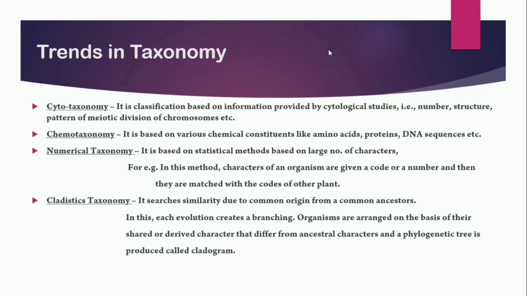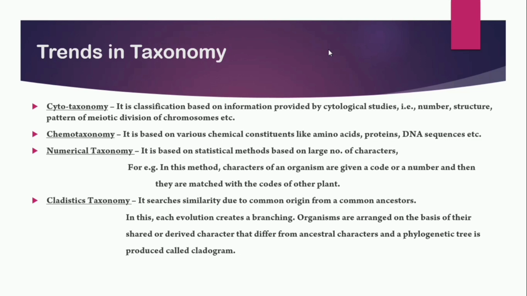Then cladistic taxonomy searches for similarity due to common origin from a common ancestor. Basically, it is based on evolution. In this, each evolution creates a branching, and organisms are arranged on the basis of their evolutionary relationships or the characters they have derived from their ancestors.